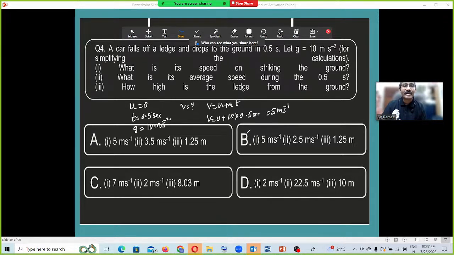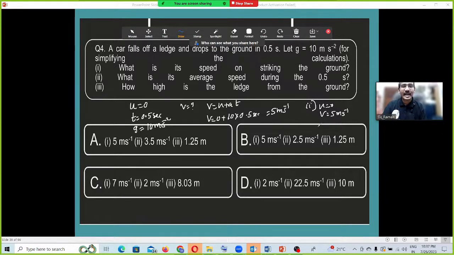What is its average speed during the 0.5 seconds? So time is 0.5 seconds, initial velocity u is 0, and final velocity we got is 5 meters per second.